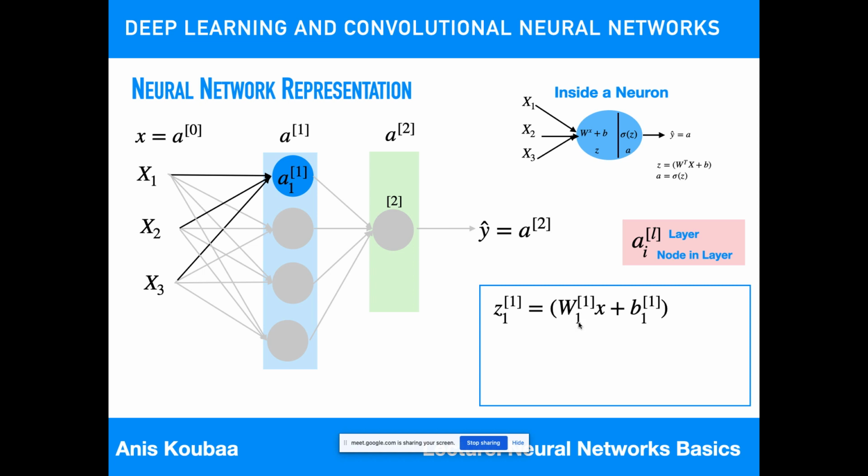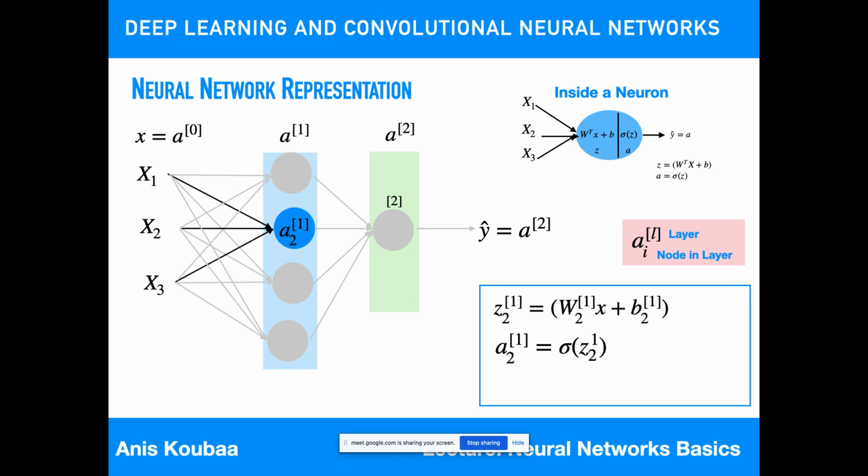The weight matrix here is related to the node and to the layer, so every node will have its own weights. B1 of 1 is the bias at this node, so this node has W1 of 1 and B1 of 1. These are the parameters of this node. Later we calculate the sigmoid of Z1, which provides the output A1 of 1, the output in the first node of the first layer.